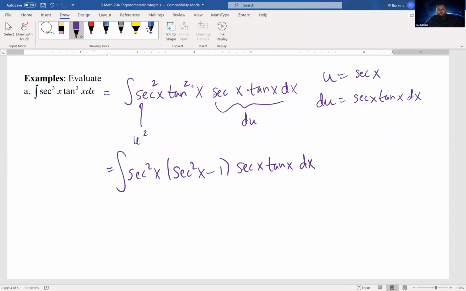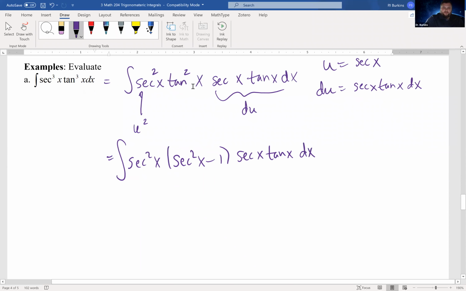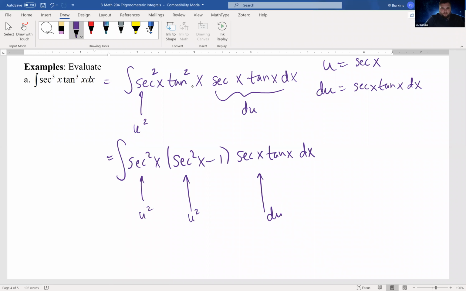And so I'm here now. And by the substitutions, this is u squared, that's u squared, that's all du. Any questions about those substitutions or anything that I've done so far?